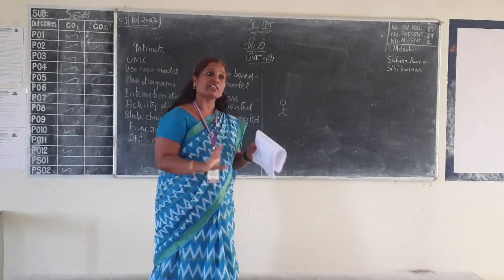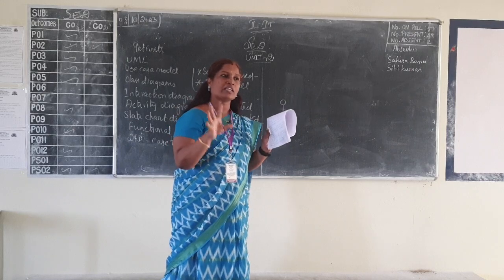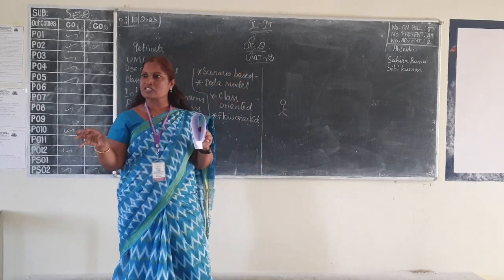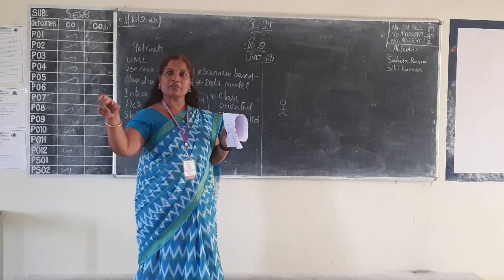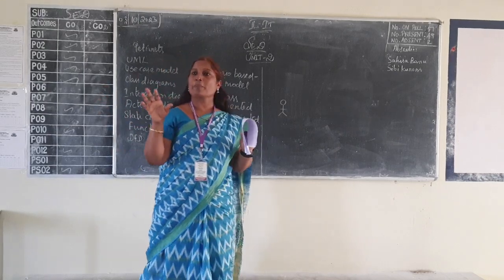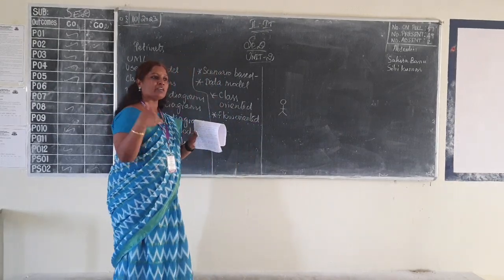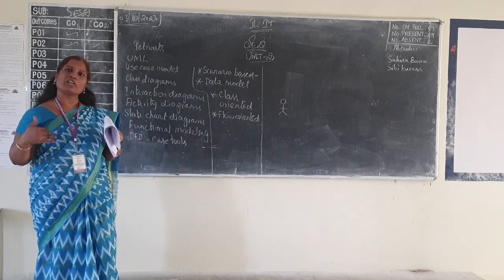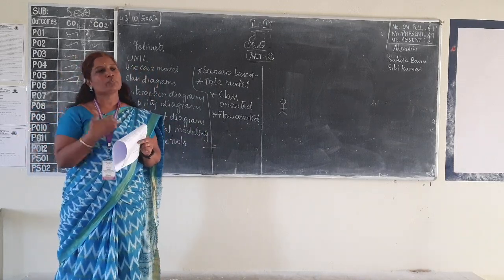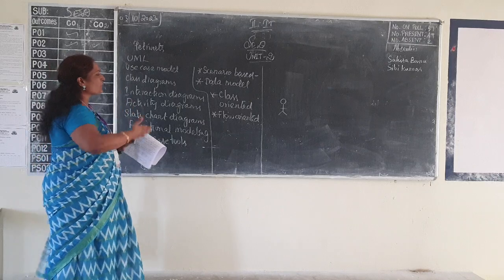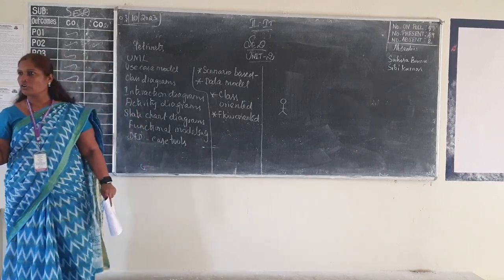So I am talking about many things regarding the object oriented approach. In this, the attributes are my data members, and the operations are the member functions performing read and display. So how am I going to model all these things? With the help of the class oriented model. You got my point?